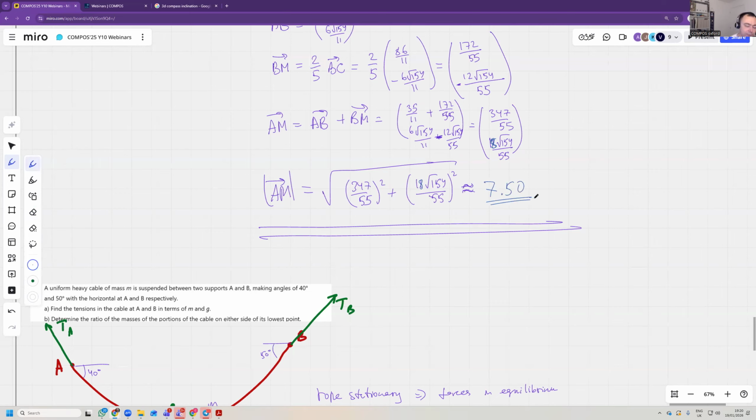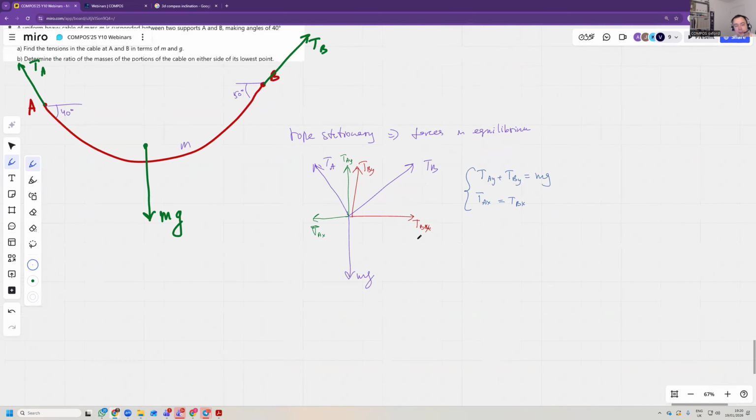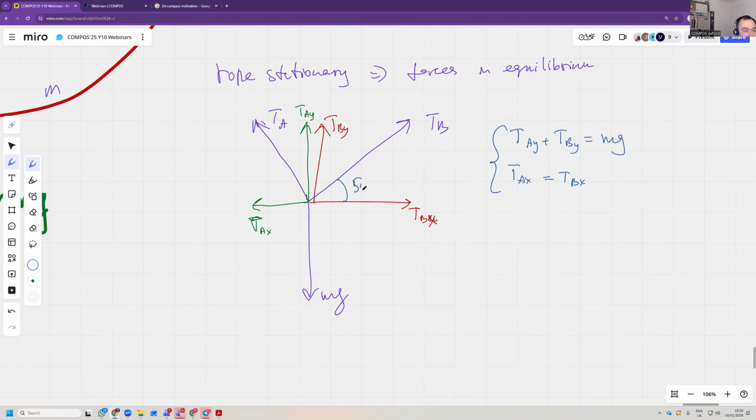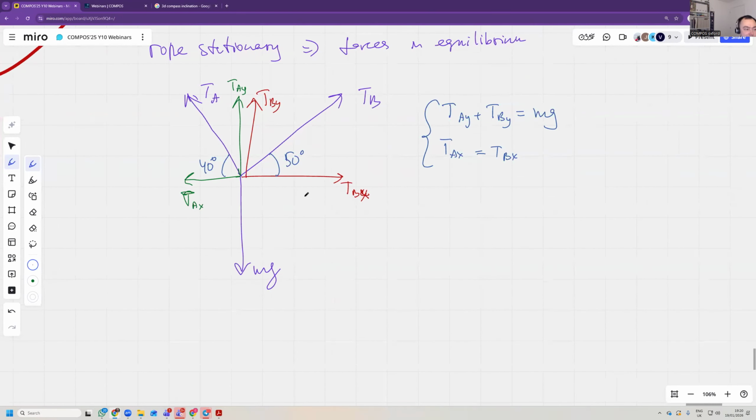But now we know that this angle is 50 degrees, and we know that this angle is 40 degrees. So TAX is TA cos 40.